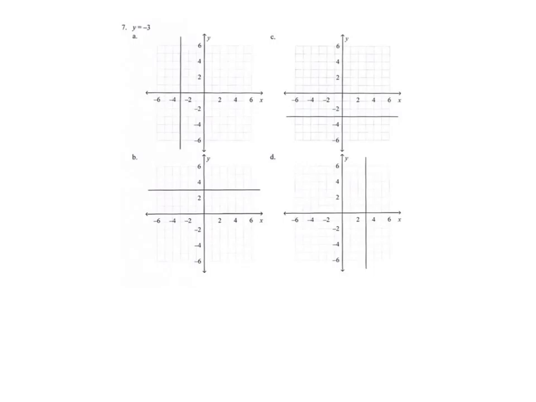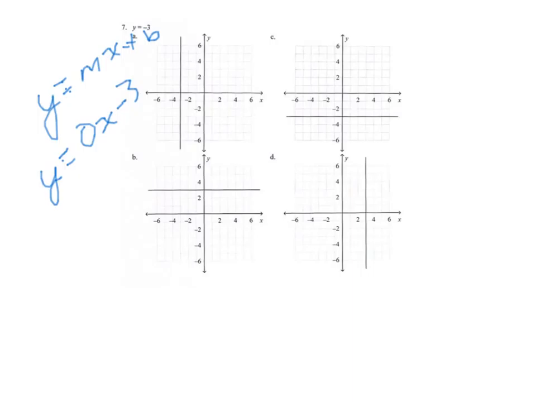Number 7, I want to find the slope for that. So again, y equals mx plus b. Well, this is a little tricky. So what I really could write this as is y equals 0x minus 3. Okay, so I'm looking for a y-intercept that is negative 3.